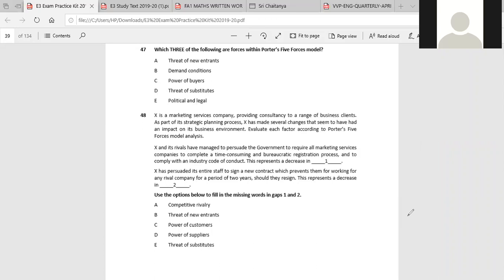X and its rivals have managed to persuade the government to require all marketing services companies to complete some registration process. So one is threat of new entrants. They have somehow persuaded the government to include a certain procedure, that is the bureaucratic registration process.